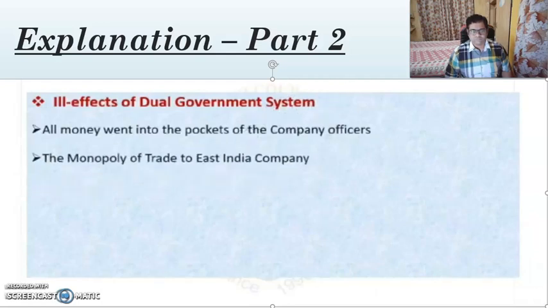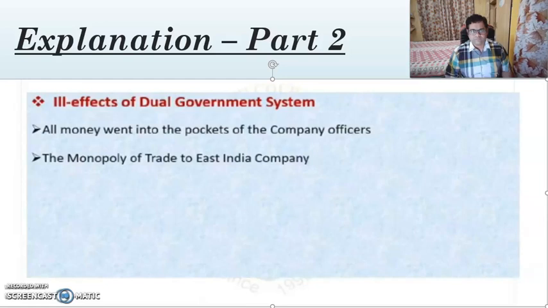The monopoly of trade in India was given to East India Company. This resulted in the downfall of Indian traders and merchants. They were reduced to beggars and officials of the company became extremely rich. Many trading companies in England envied them.